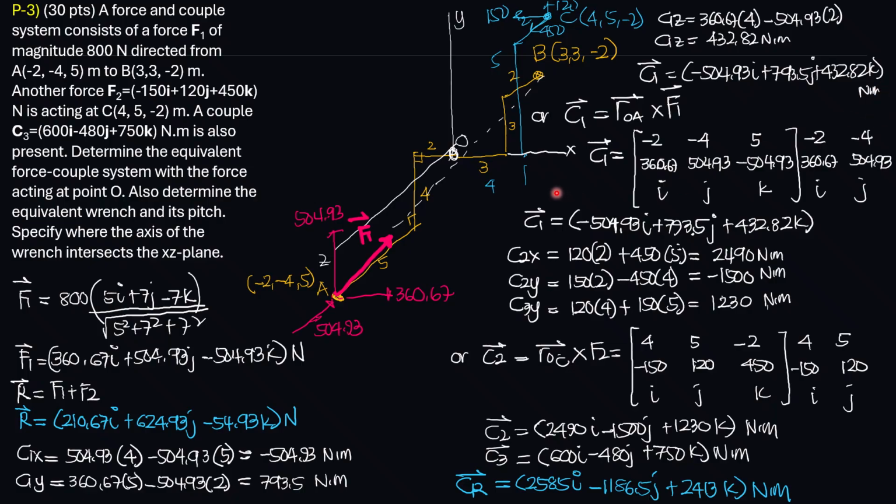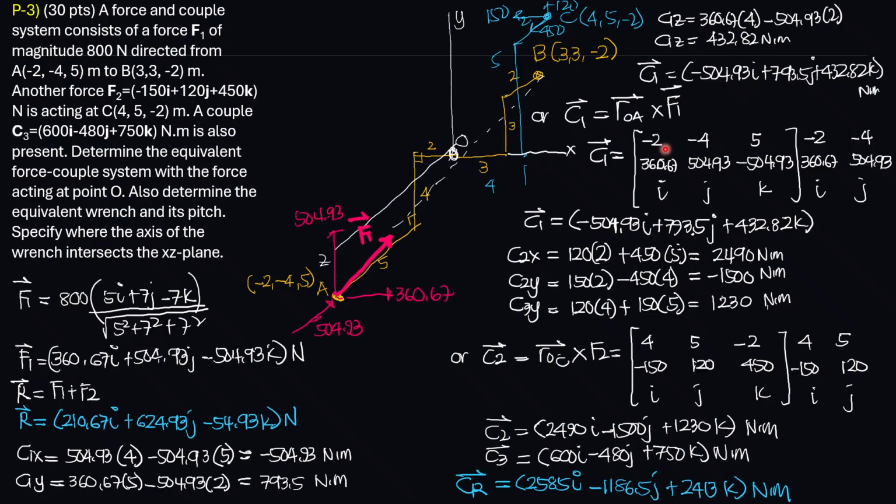The other way is to use the cross product, that is ROA cross the force F1, or it may also be ROB cross the force F1. As an alternate way, I'll just use ROA because A is at negative 2, negative 4, 5: negative 2 minus 0, negative 4 minus 0, 5 minus 0 would still be this.